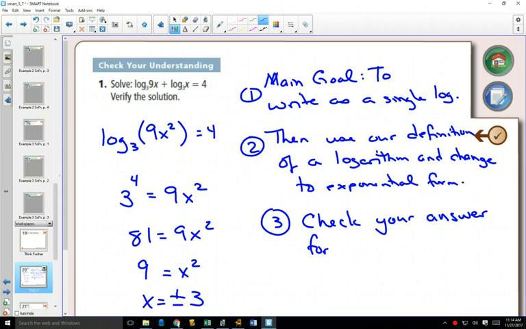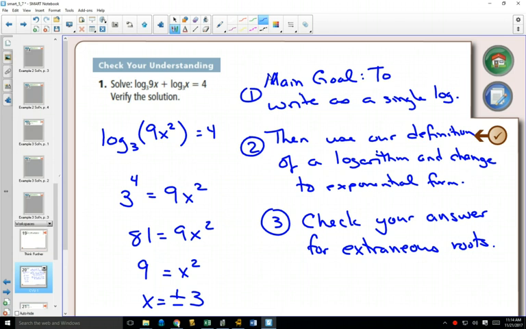And we call those extraneous roots. You remember seeing that word before? So an extraneous root in math is when you get an answer algebraically, but when you check that answer, it actually doesn't work.